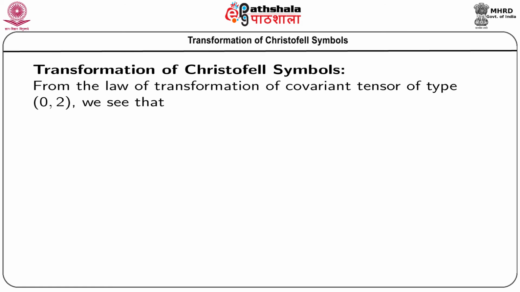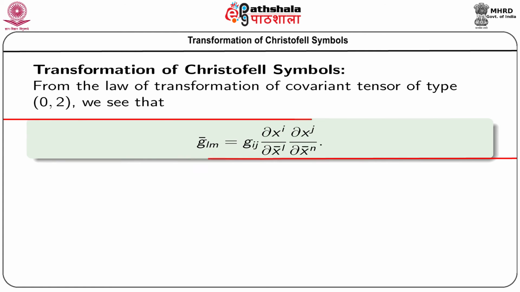From the law of transformation of covariant tensor of type 02, we see that g bar_{ln} equals to g_{ij} ∂x^i/∂x bar^l ∂x^j/∂x bar^n. This is the transformation rule for the covariant tensor of type 02.